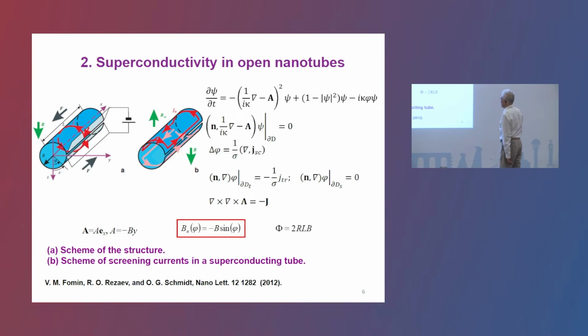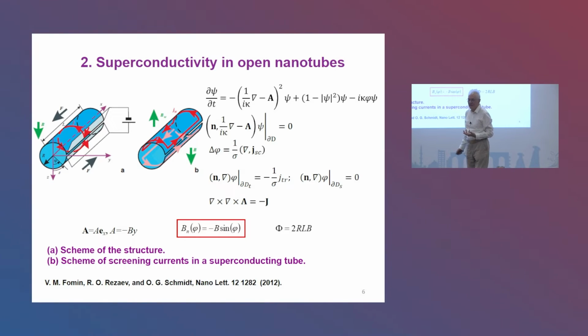I was telling you that there should develop 2 different loops, 2 sets of screening currents. And one more interesting thing, that it is an open nanotube, and it's possible and technologically feasible to attach contacts to 2 banks of this slit.